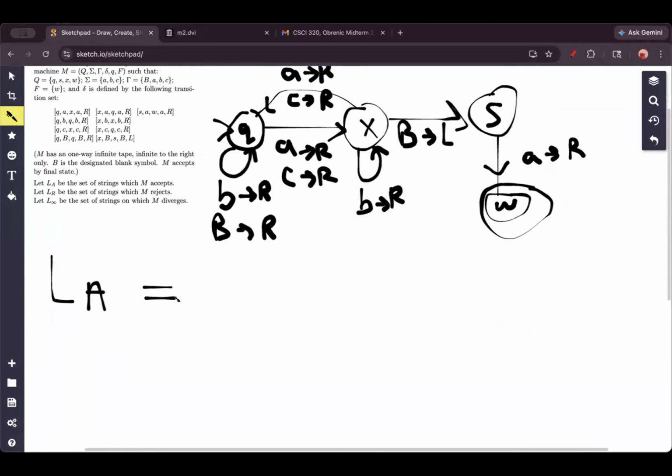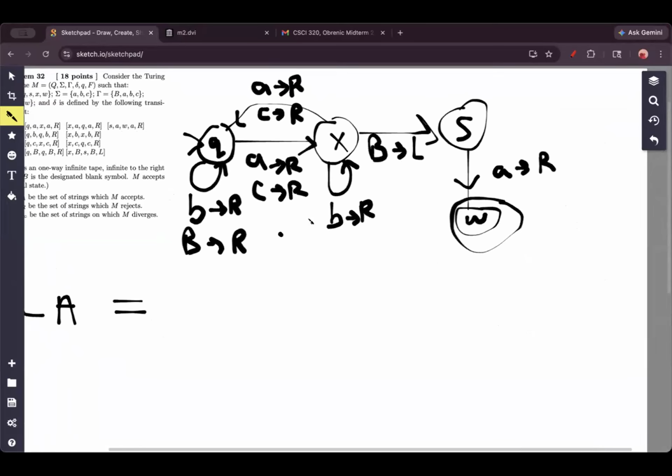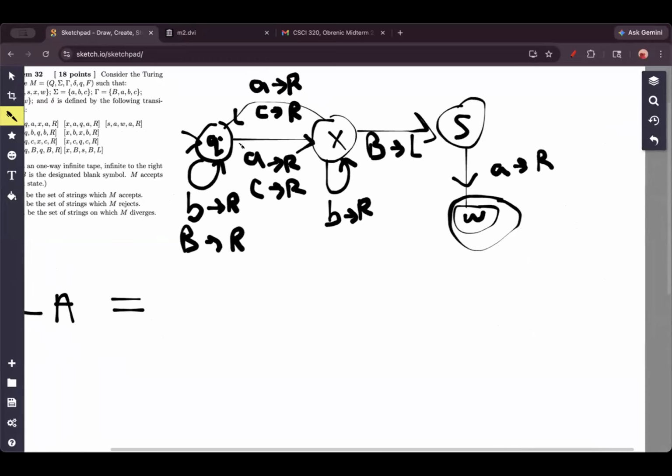Well, I take a look at the path that I've built. This is my automaton. I see that I need to get from Q, my starting state, and I have to somehow end up in the final state, which is the accepting state. And to get from Q to the accepting state, I have to go through X, S, and then I get to reach W. Okay.